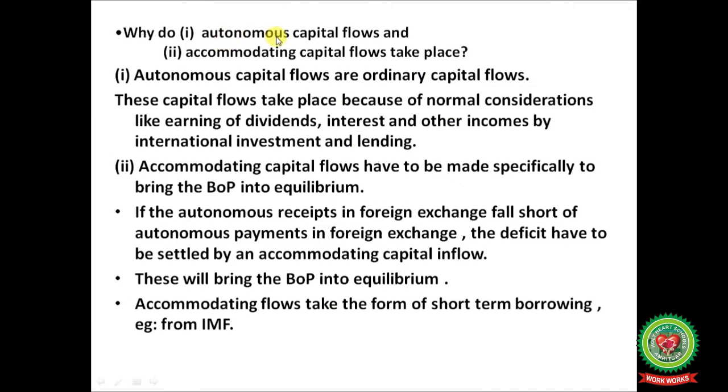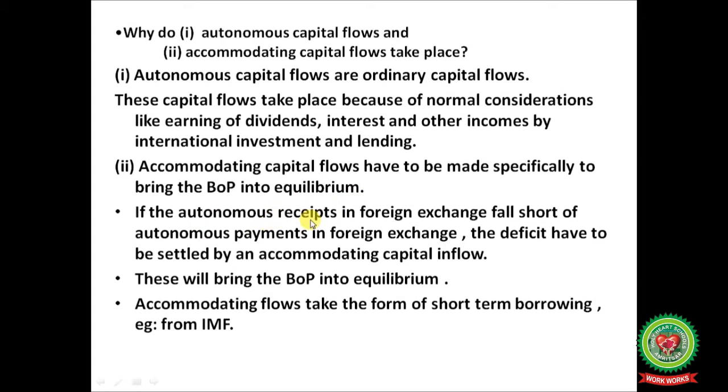Why do autonomous capital flows and accommodating capital flows take place? Autonomous capital flows are ordinary capital flows. These capital flows take place because of normal considerations like earning of dividends, interest and other incomes by international investment and lendings. Accommodating capital flows have to be made specifically to bring the balance of payment into equilibrium.